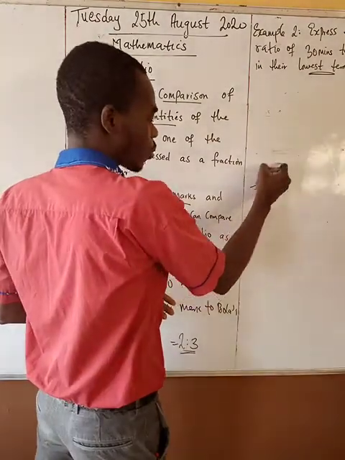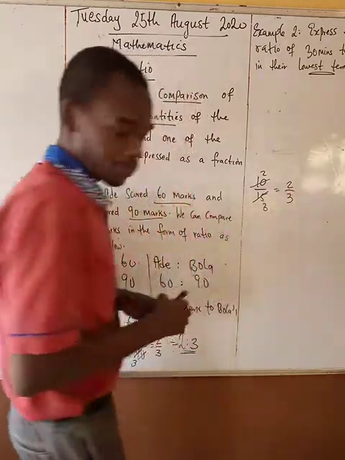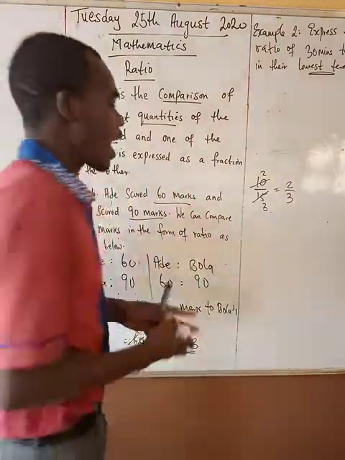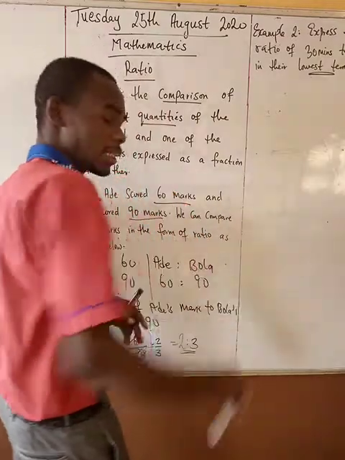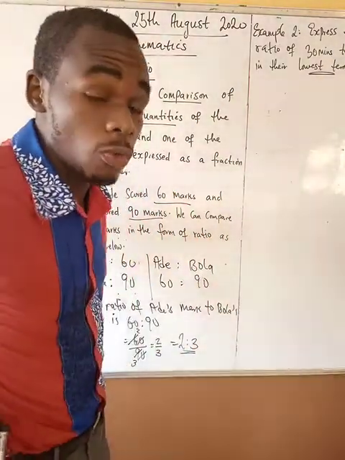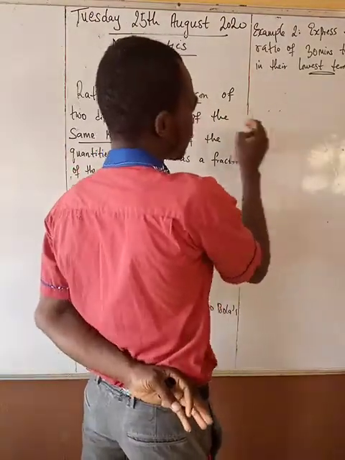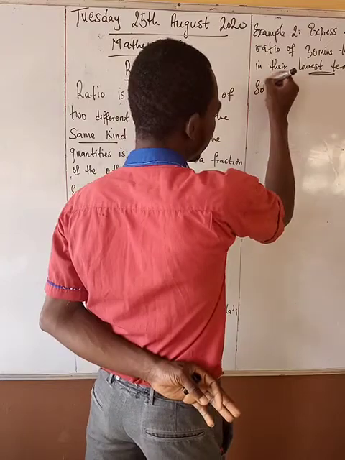We know that 5 here is 2. 5 here is 3. The answer is 2 over 3. Now, before I delve into this further, for us to be able to understand this ratio, let us know that we have to be conversant with our times table, okay?